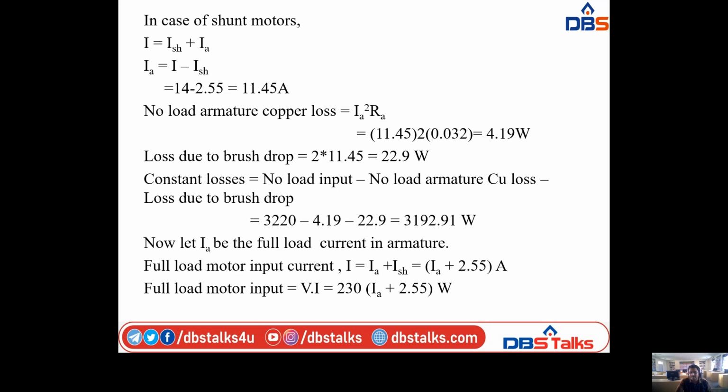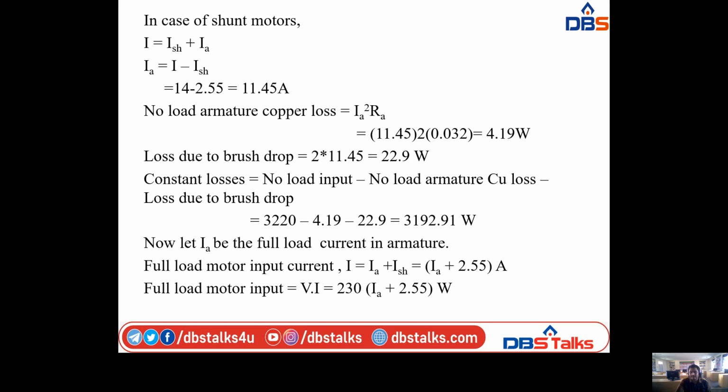For a no load we have to take the IA naught square RA. Okay, so that is equal to, previously we calculated the IA naught, that is 11.45. Substitute here, that is 11.45 whole square into RA value is 0.032 ohms. Okay, so after calculating this one, we have the value, that is 4.19 watts, that is a no load armature copper loss.